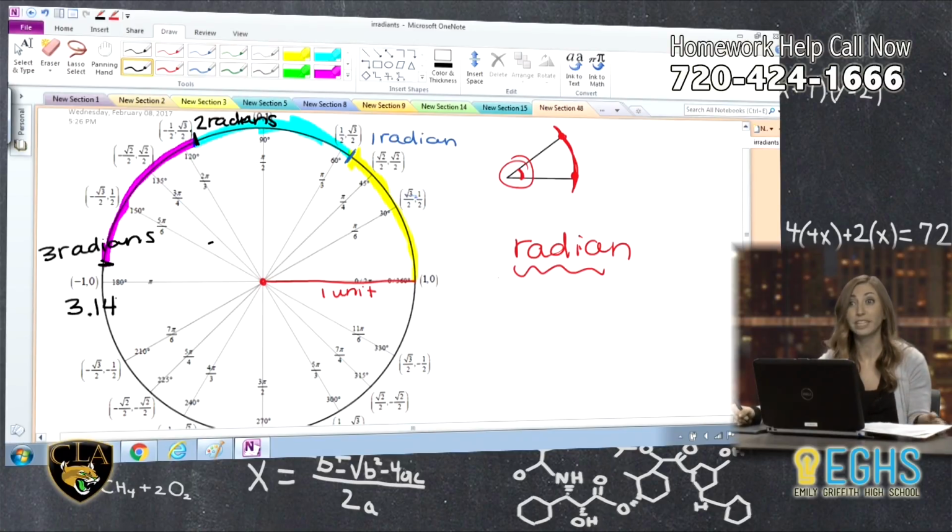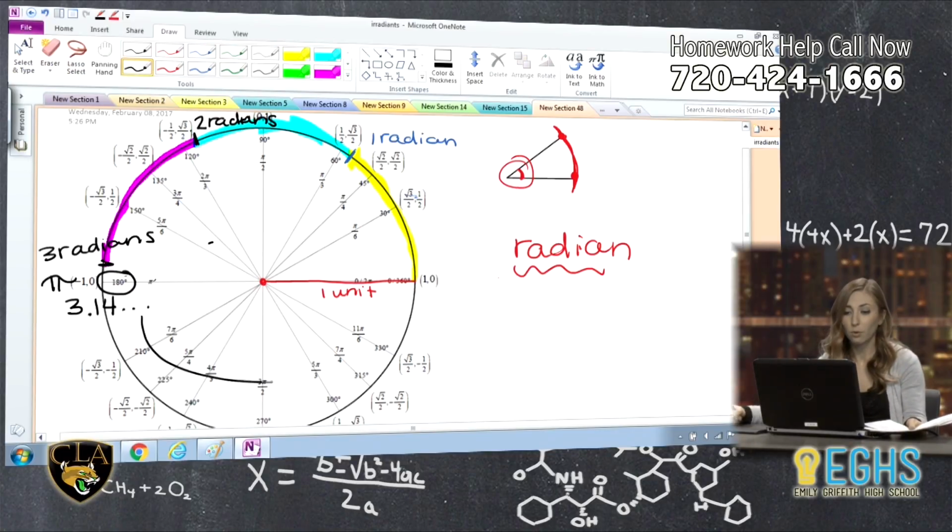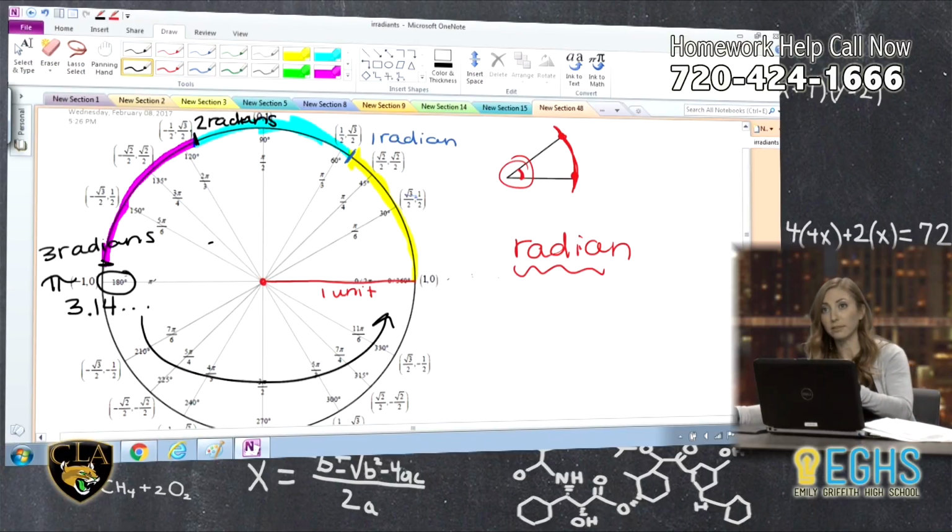If I were being really accurate here, it would be 3.14 ... which is pi. So there would be exactly pi radians in 180 degrees. If I were to go the whole way around the circle, I'd have 2 pi radians, because I'd have pi times 2.